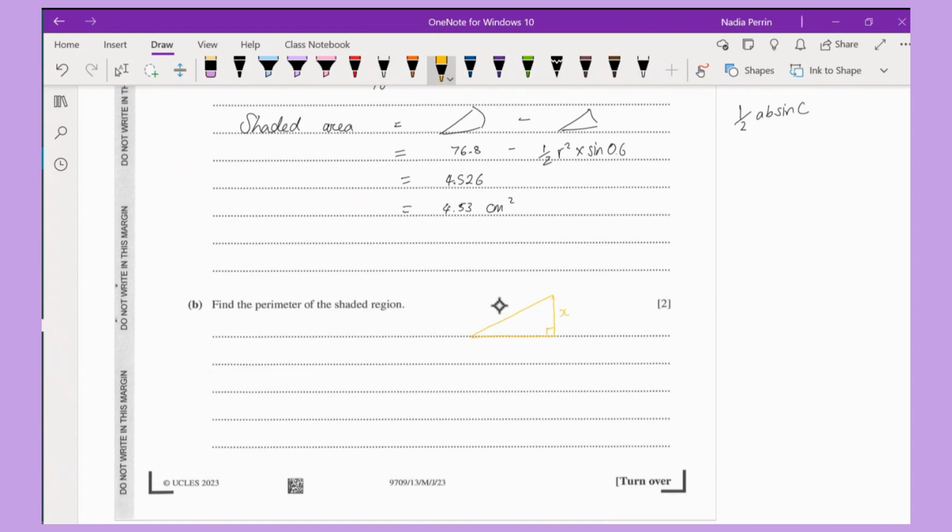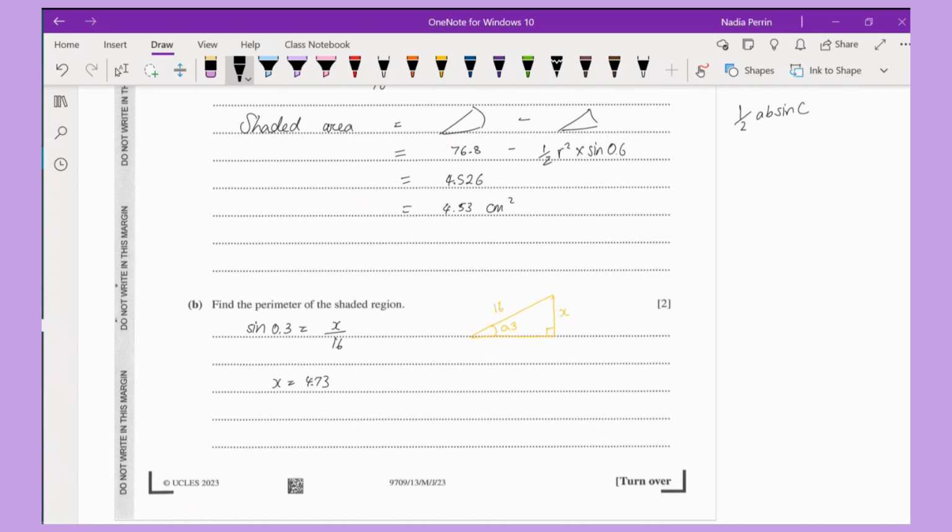We knew that this was r, which is 16, and this, we just halved it, so it's 0.3. So just using traditional trig, sine of the angle is equal to opposite over hypotenuse. So it ended up being x is equal to 4.73.